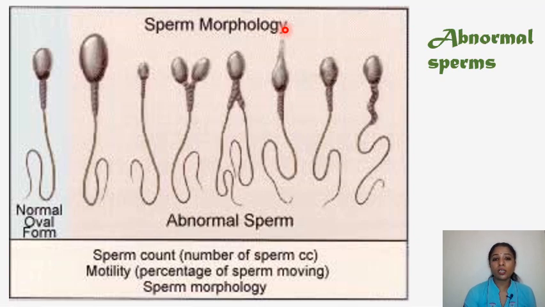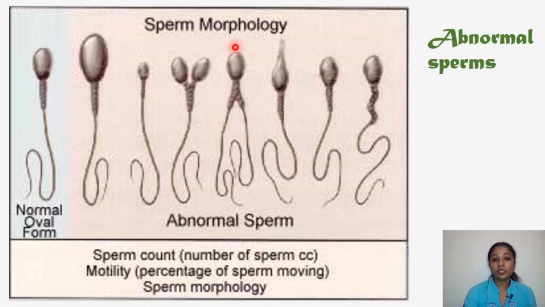Morphologically, for clinicians, the sperm consists of two parts, head and tail. Types of abnormalities: the head and tail of the sperm may be abnormal, having two heads, as we can see here, or having two tails.